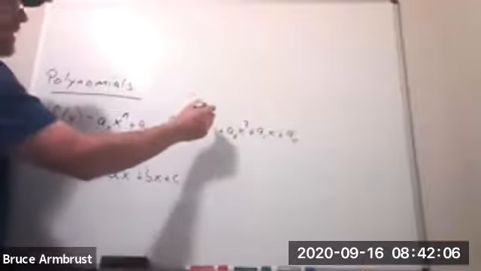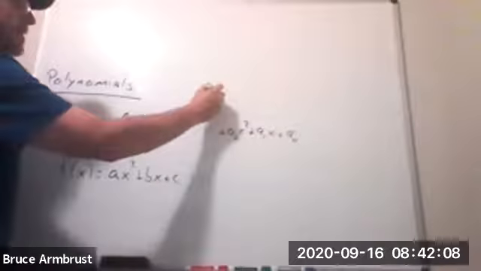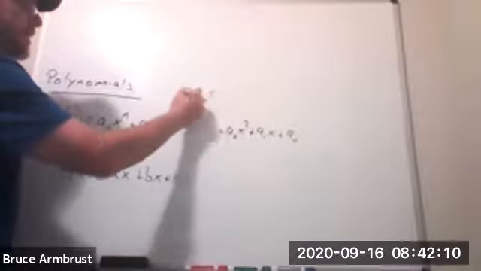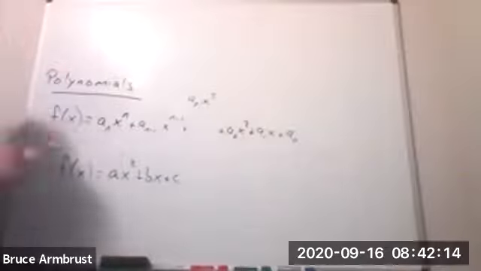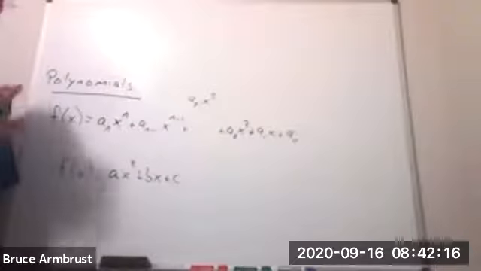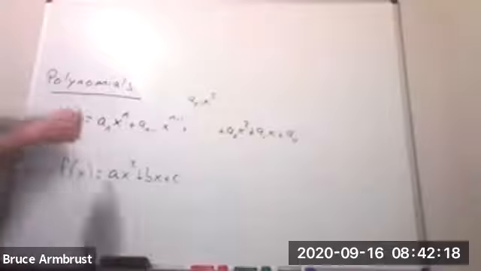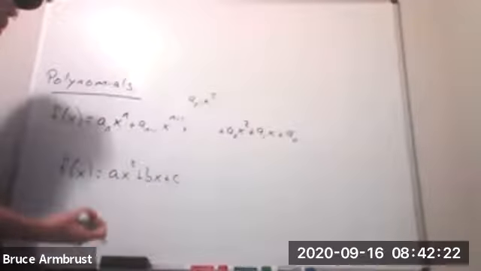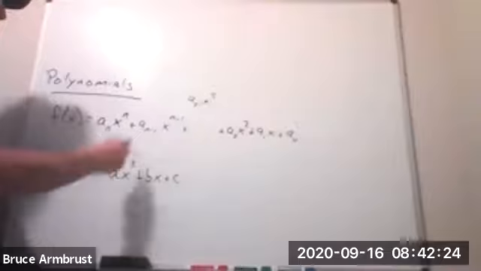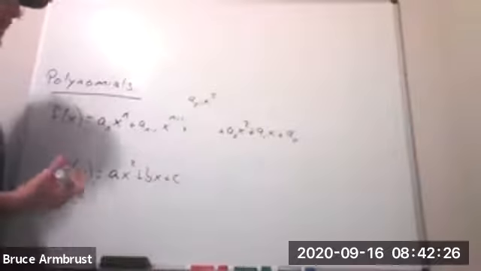For the x to the 5th somewhere in here, it would have a sub 5 times x to the 5th. So that's just how that plays out. We use these subscripts whenever we're talking about the same kind of thing. All these a's are coefficients, so they're all the same type of object.